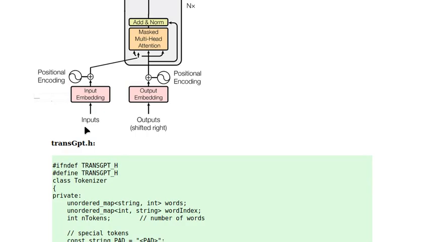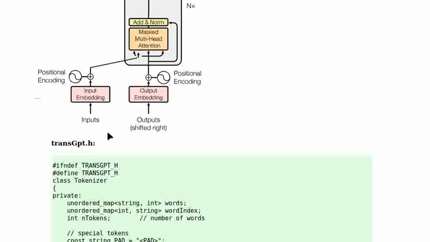The inputs here refers to the source sequence. The outputs here refers to the target sequence. Shifted right here refers to the target input sequence being shifted right by 1 position relative to the original sequence. During training, the model predicts the next token given previous tokens.